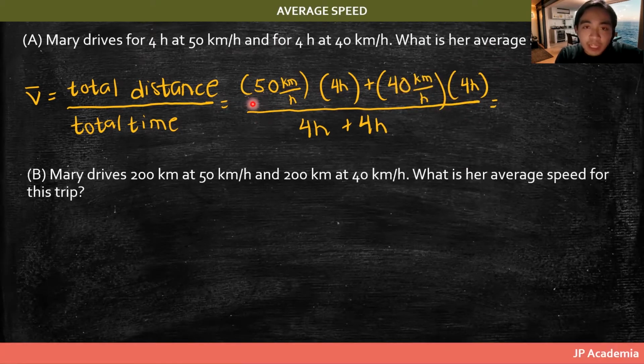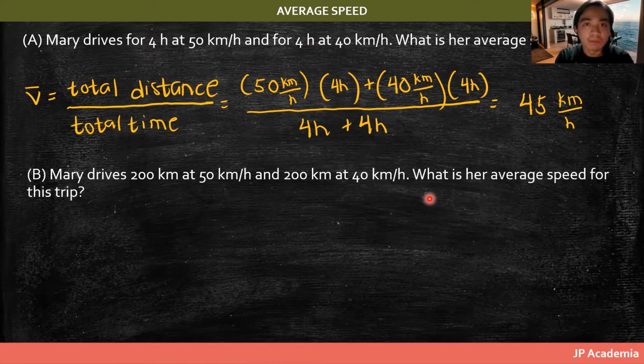Pag minultiply mo yan dalawa, makakuha ka ng distance over sa total time elapsed. So sa case na to, 4 hours, then another 4 hours, add mo lang, then you will get 8 hours, of course, in total.